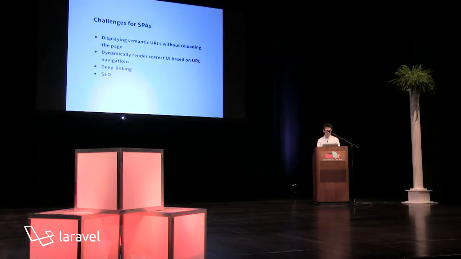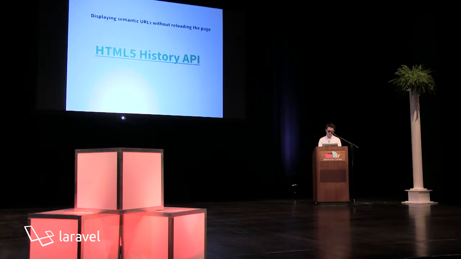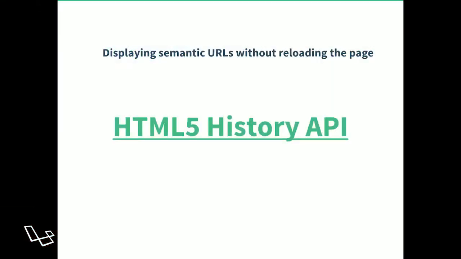Okay, so dealing with the first problem that we just talked about, displaying correct URLs without reloading the page. There is an API for that, and it's part of the HTML5 history API. If you just Google that, you'll probably see what it does. Previously, the window.history object in the browser gives you the methods to navigate in your navigation history.